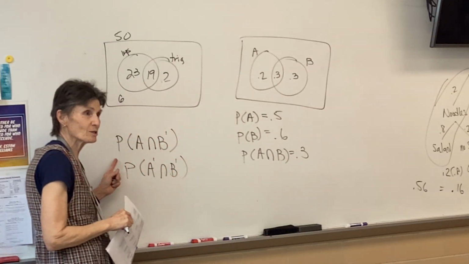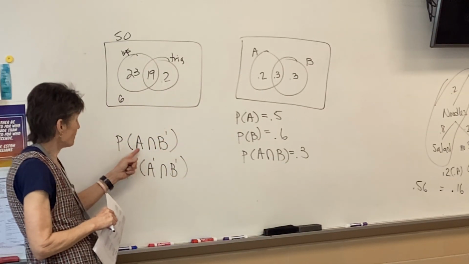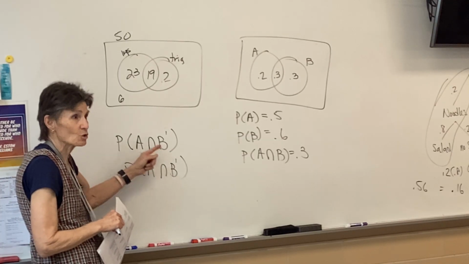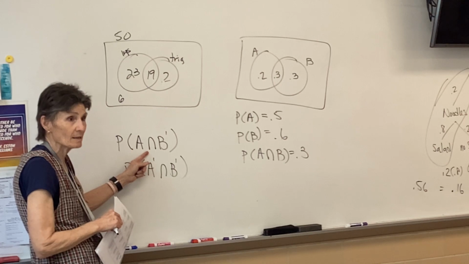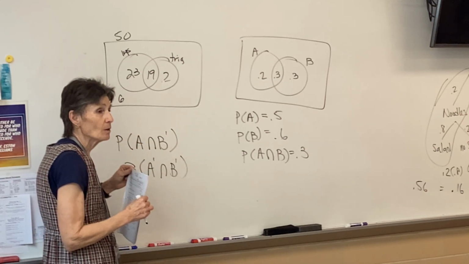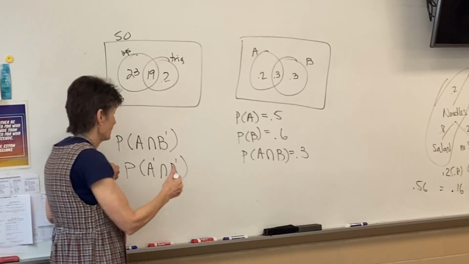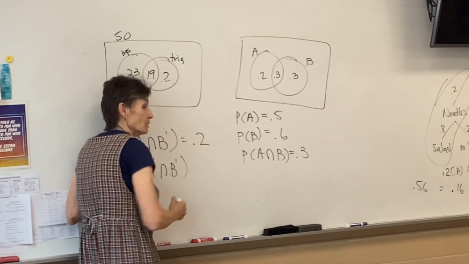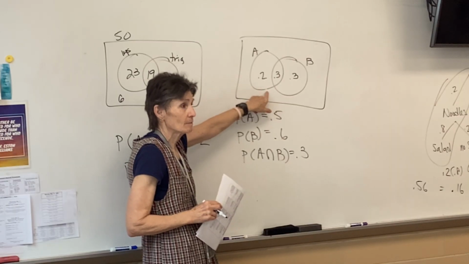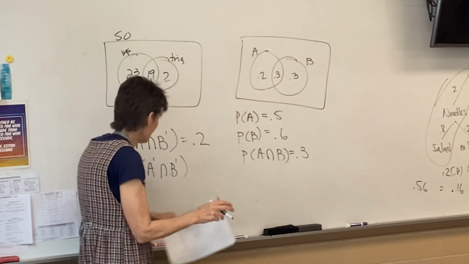So what does this question say? How many people like apples, but not bananas? So in other words, only A. Only A is 0.2. Right here, right? And aren't these the only A's? And then what does this say?